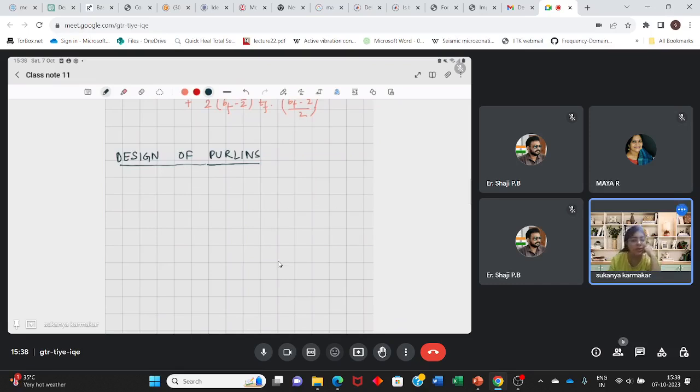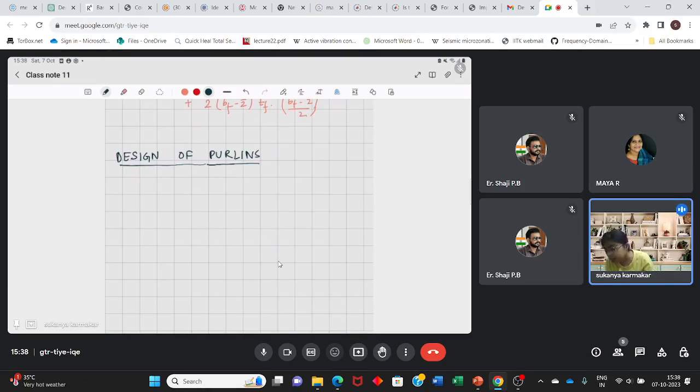Because you need to know the design loads, and here these purlins are subjected to wind pressures. So we have to pick up this value of wind velocity from IS 875, I guess part 3. That is why the location is mentioned in such questions.